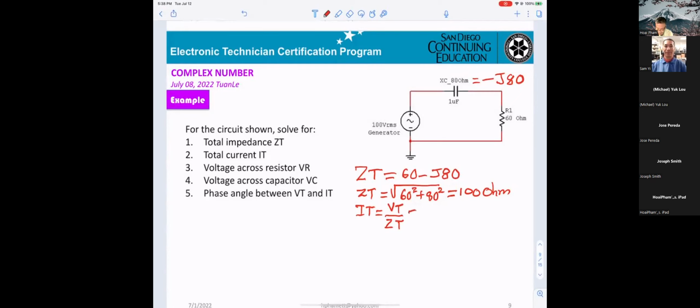We already told you, if you want to multiply or divide, it has to be in phasor, not rectangular. So you have to change the Z total into the phasor.